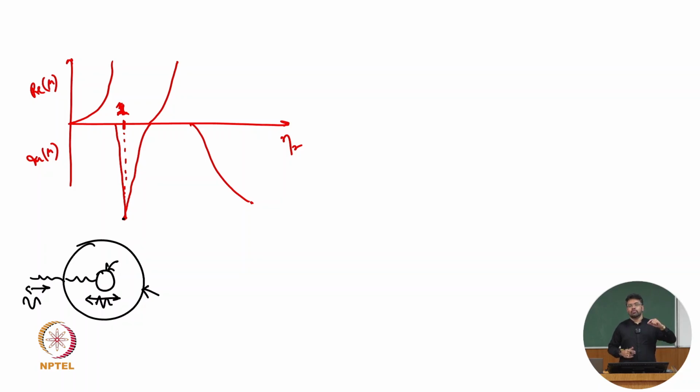So if we want to engineer our band gap, suppose somebody tells us it should start from 100 hertz and be completed at 200 hertz, then we can design the band gap.